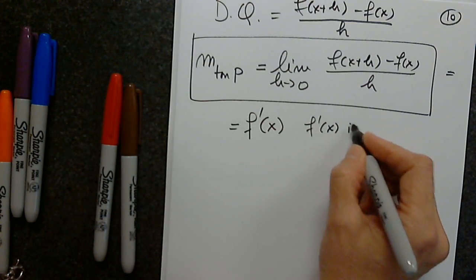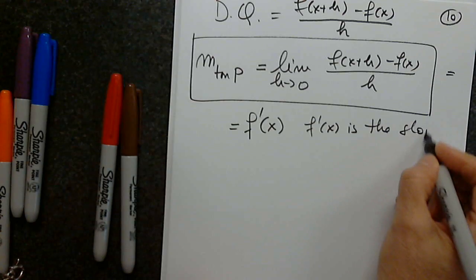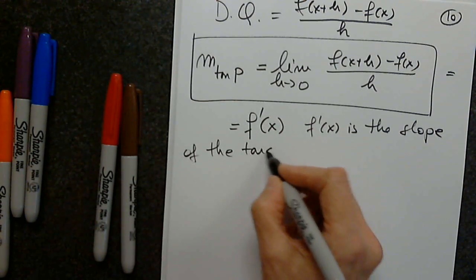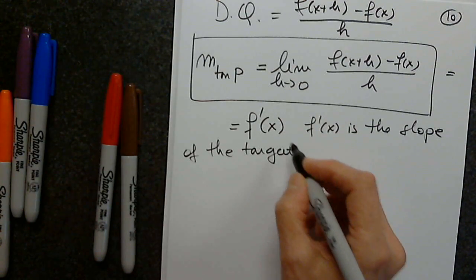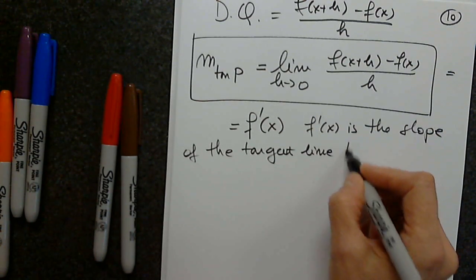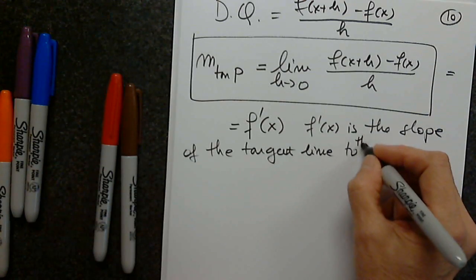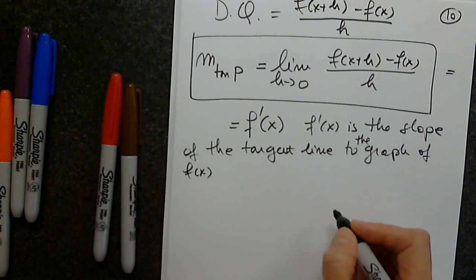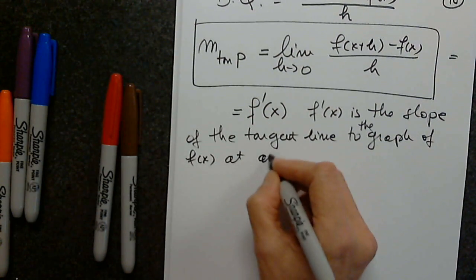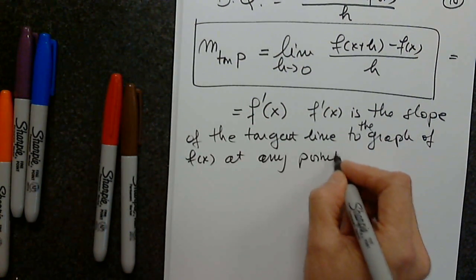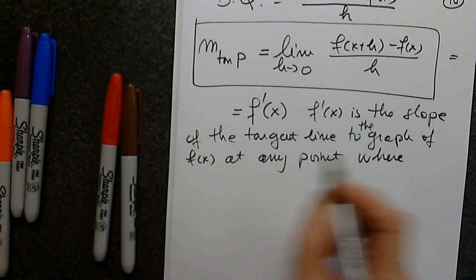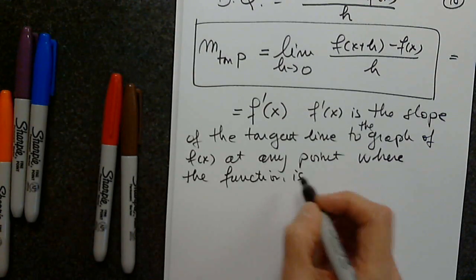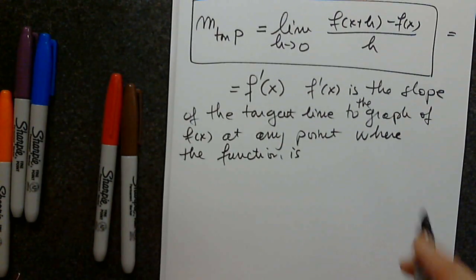f prime of x is the slope of the tangent line to the graph of f of x at any point where the function is, I'm going to use a word that I have to explain.